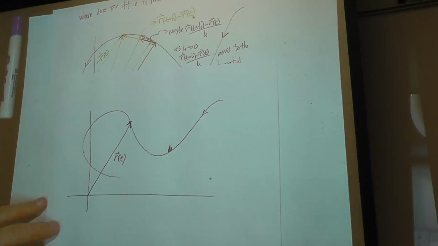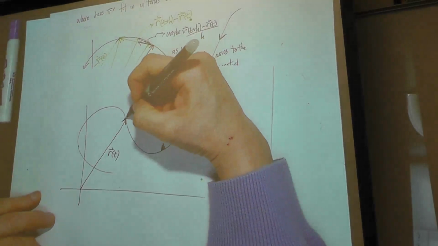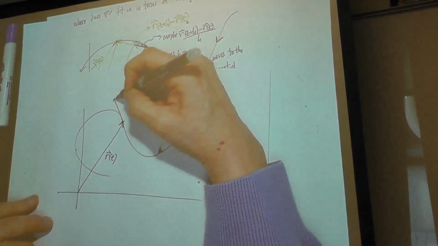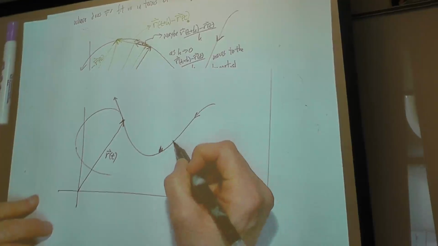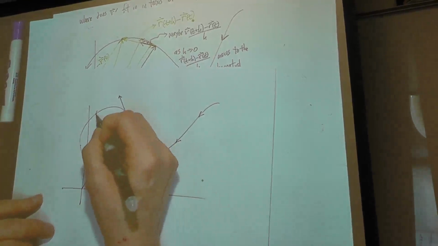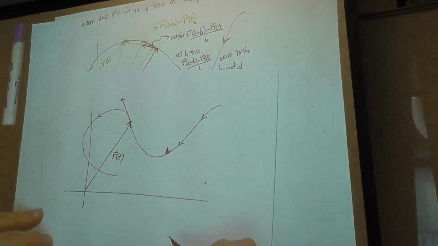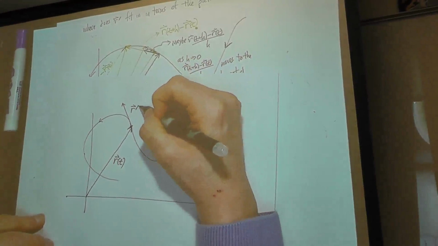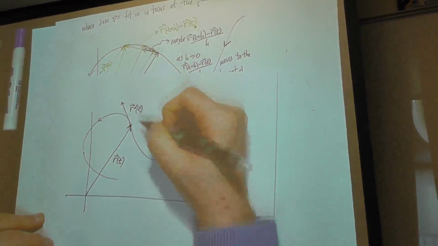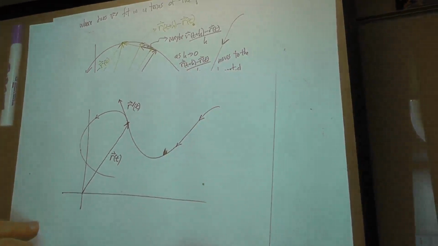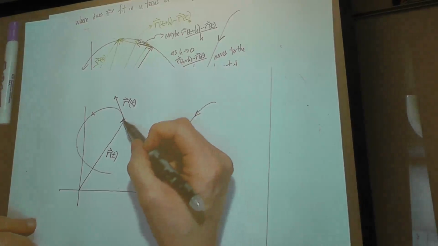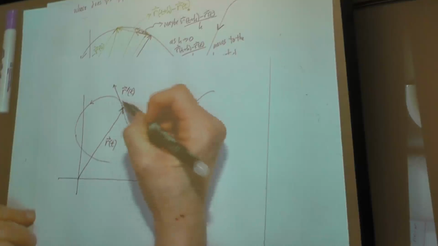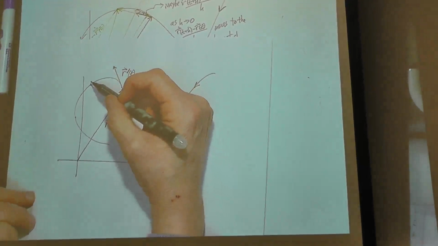If asked to put in r prime of t, it's going to be tangential direction to this curve, pointing in the direction of motion. How long is it? I don't know. Without more information, I have no way of knowing. But I do know tangential and pointing in this direction.